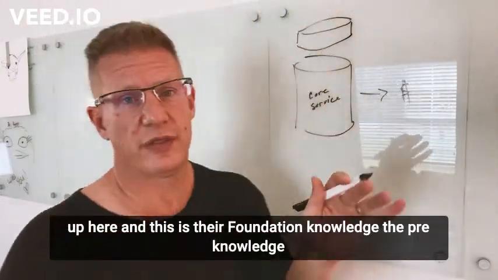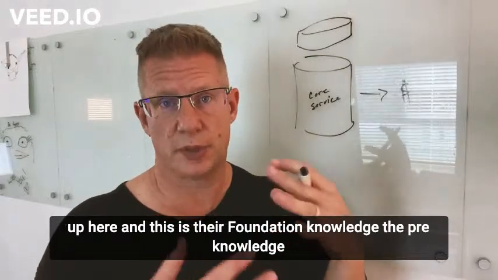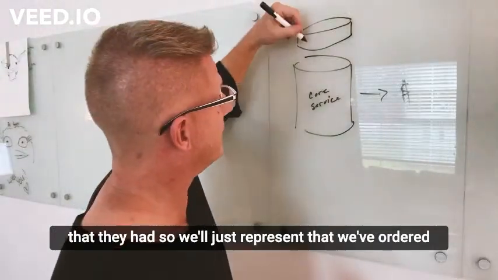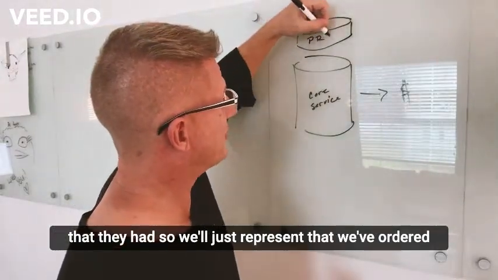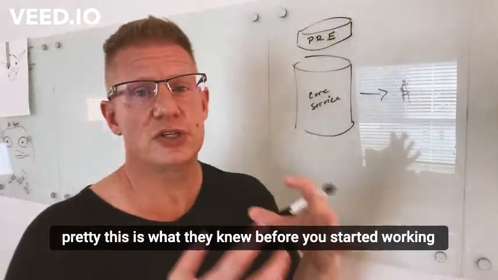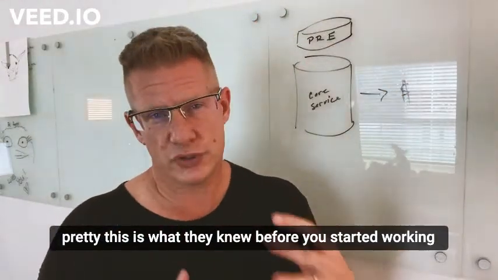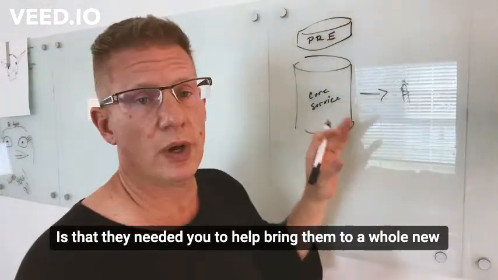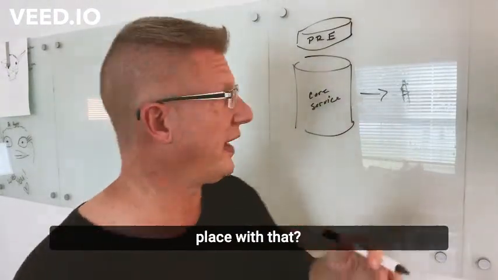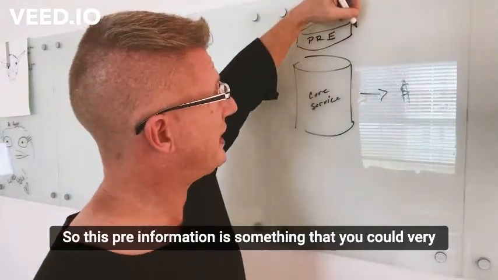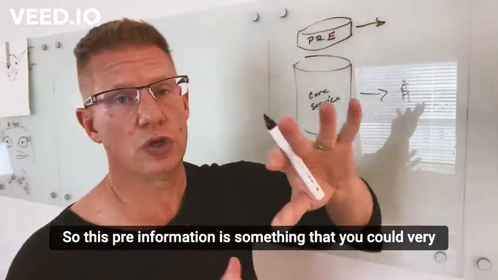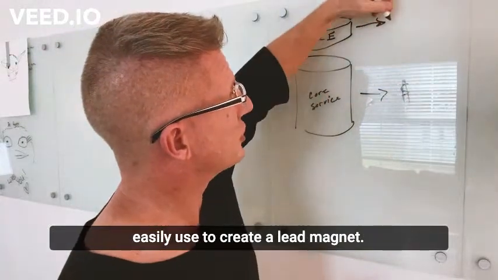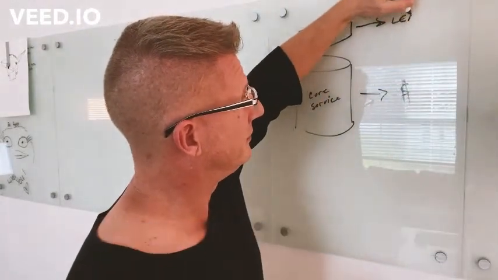And this is their foundation knowledge, the pre-knowledge that they had. So we'll just represent that with the word pre. This is what they knew before you started working with them. This is what they knew that helped them realize that they needed you to help bring them to a whole new place with that. So this pre-information is something that you could very easily use to create a lead magnet.